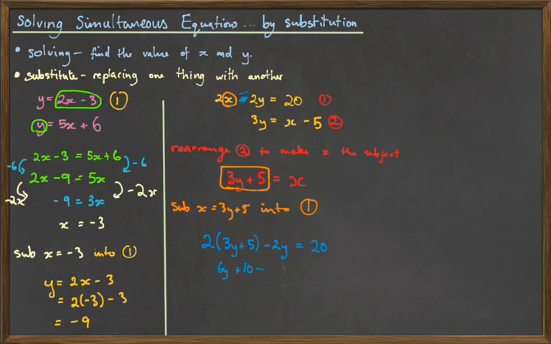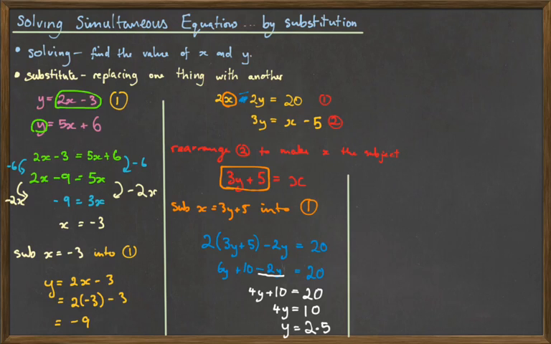Expanding the brackets, 6y plus 10 minus 2y equals 20. Collecting like terms gives 4y plus 10 is equal to 20. Subtracting 10 from both sides, 4y equals 10, and finally y is equal to 2.5.